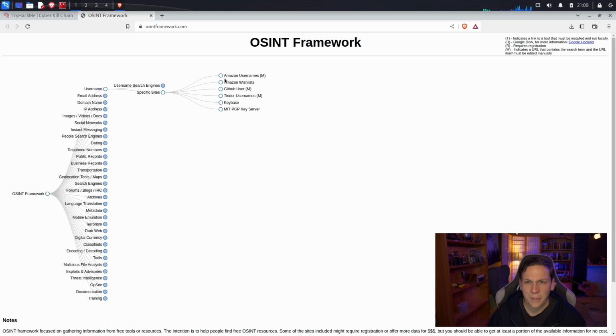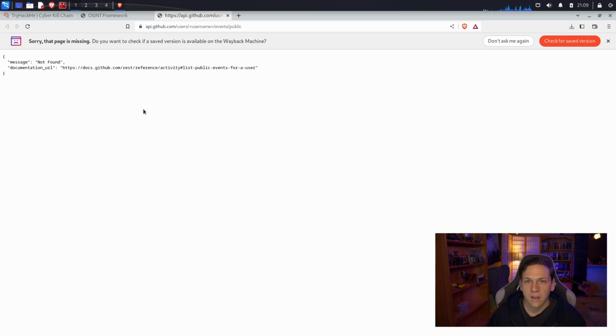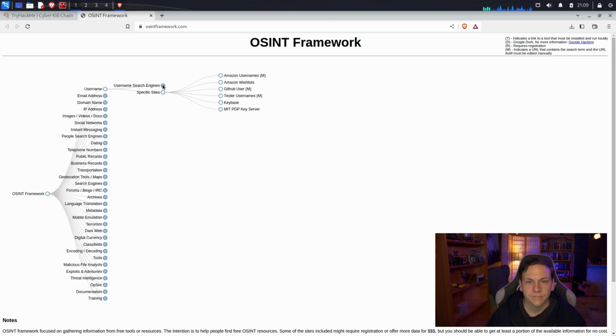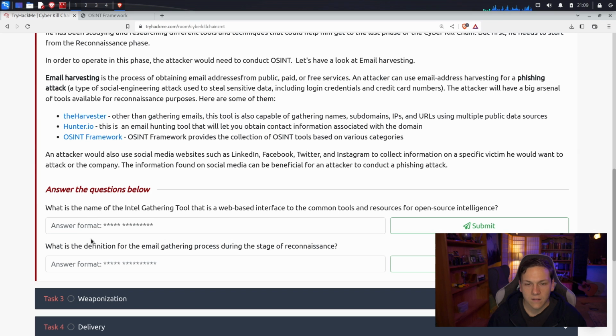Specific sites. GitHub users. So it links up to the API. That's very interesting. Huh. Cool. Wow. So we got OSINT framework.